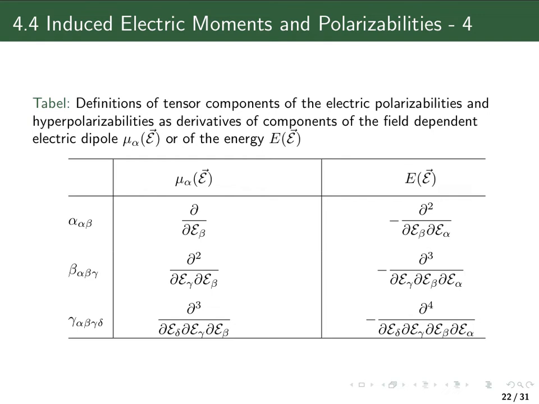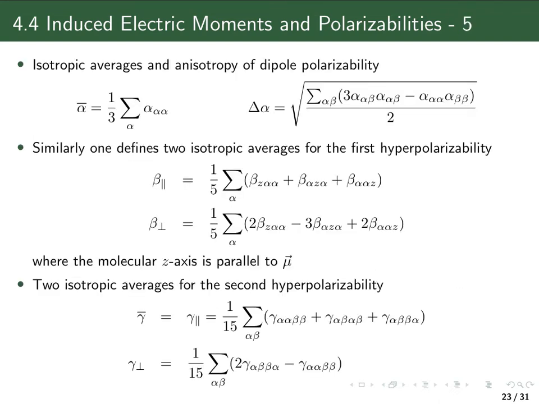Now, as I said already, the polarizability is what is called a second rank tensor. The hyperpolarizability is a third rank tensor. So there are 9, 27, 81 components. And one can, for those tensors, define isotropic values, which are isotropic averages, and correspondingly anisotropies.